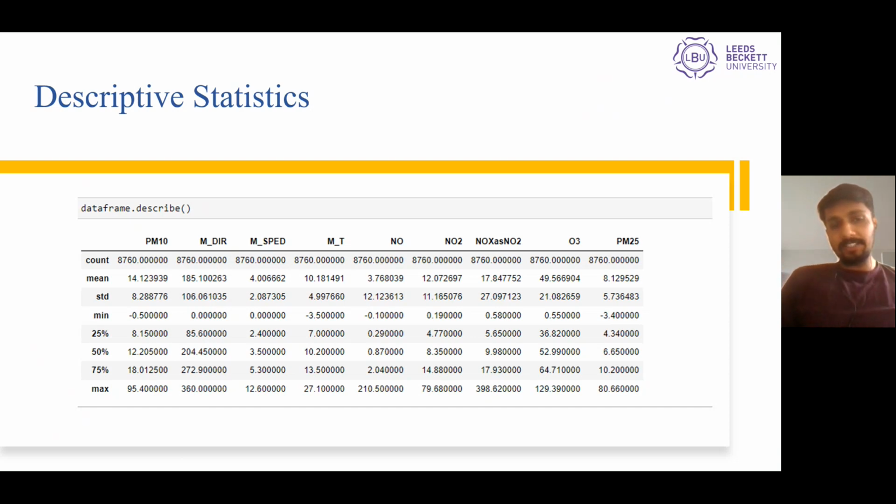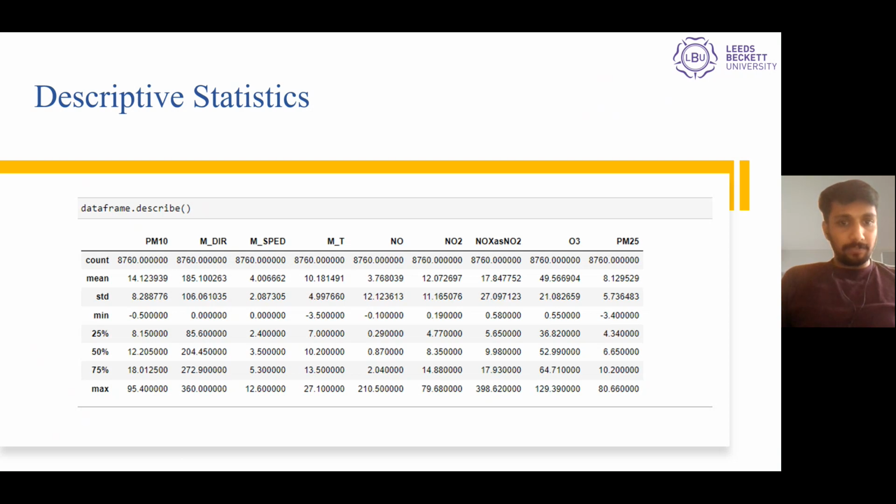Then we go to descriptive statistics. Descriptive statistics means the understanding of the data. So we are summarizing the characteristics of the data with the measures of central tendency, measures of dispersion, and the measures of frequency. As in the table, we can see that we have taken the mean, standard deviation, percentiles, max, count, everything of the data attributes in our dataset.